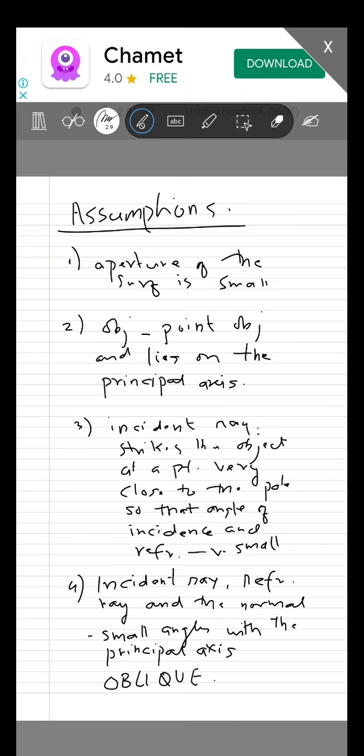Now, in the matrix method, we will first start with the following system.